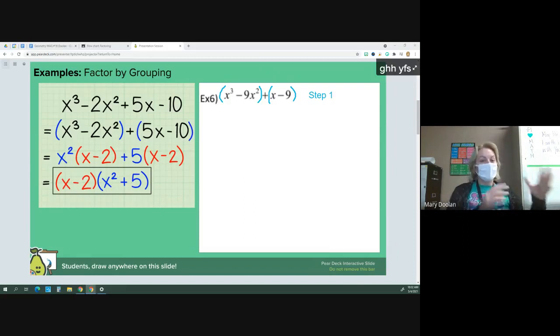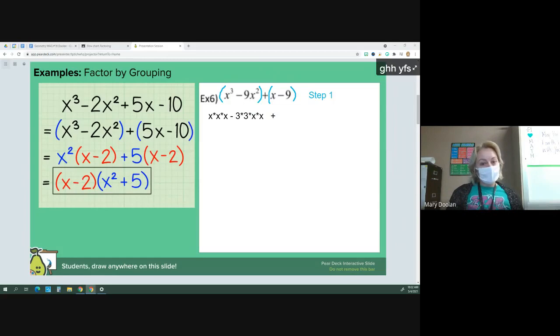But I'm just going to write x cubed minus 9x squared totally expanded. So x times x times x, minus 9 is the same as 3 times 3 times x squared. So times x times x. I'm going to go back and add my parentheses in a second.